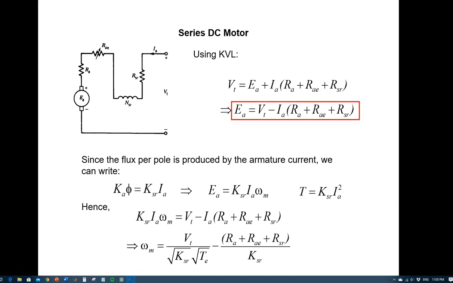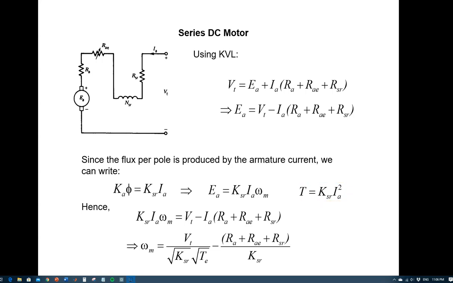The back EMF is given by these equations, and since the flux per pole is proportional to the armature current, we can remove the constant Ka and write it as KSR IA, which means that the back EMF is just equal to KSR IA omega m, and therefore the torque is proportional to the square of the armature current.